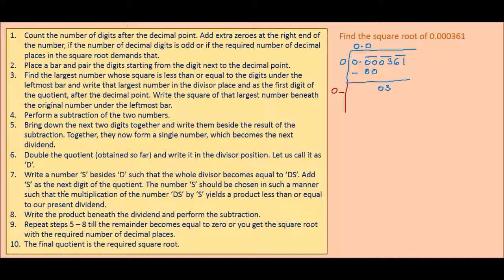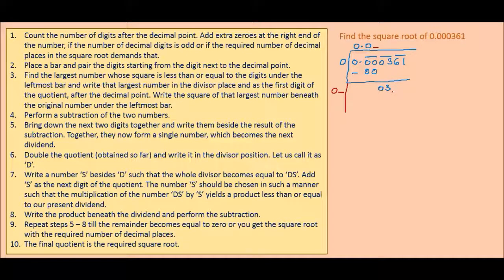Add S as the next digit of the quotient. Whatever we write over here as S, we have to write S over here as well. It will be the next digit of the final quotient. The number S should be chosen such that the multiplication of the number DS by S yields a product less than or equal to our present dividend.